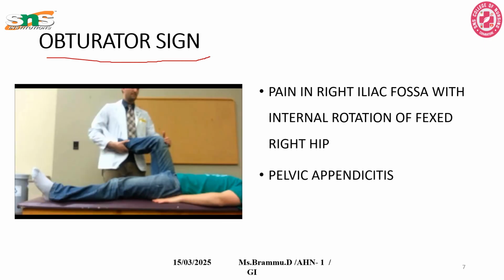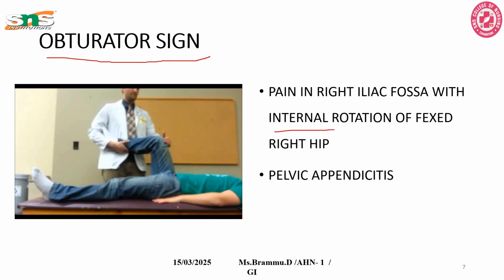The other important sign which we can see in a patient with appendicitis is the obturator sign. Here also the examiner is going to do some manipulative techniques and find out the type of tenderness. Pain is going to be present for the patient in the right iliac fossa when we do a manual technique, that is internal rotation of the flexed right hip.